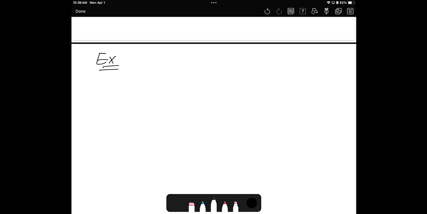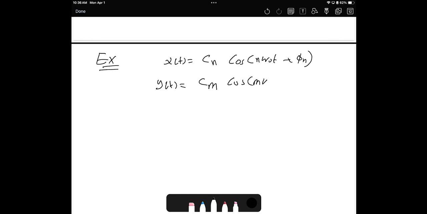No matter what it is, we need to calculate the power of that signal, such that we have a signal x of t equals Cn cosine n omega naught t plus phi n, and y of t equals Cm cosine m omega naught t plus phi m. You can realize that here is m, here is n.